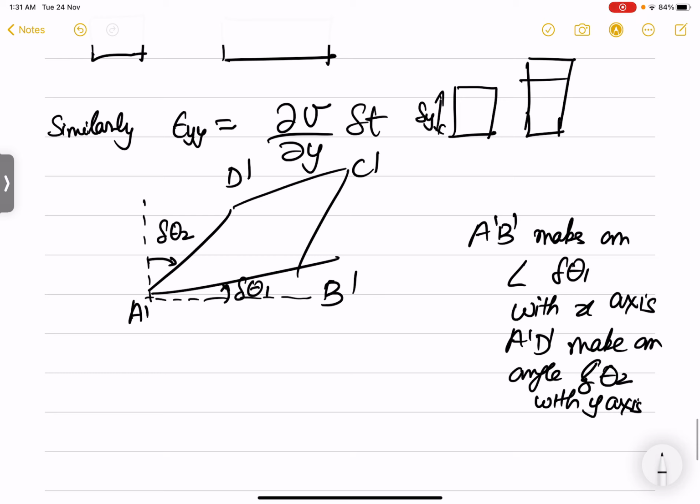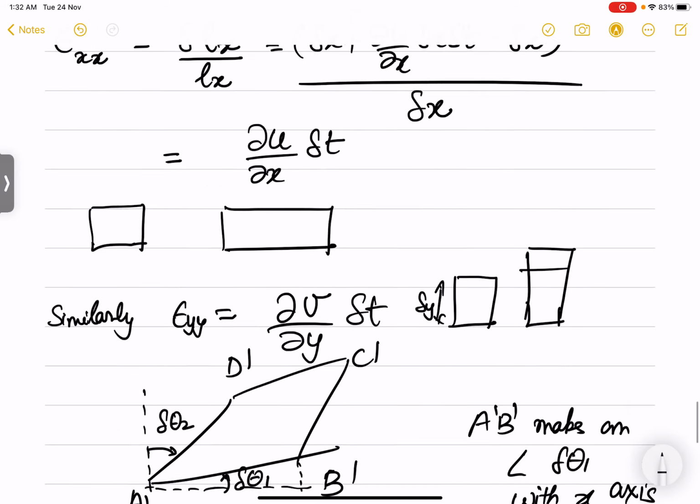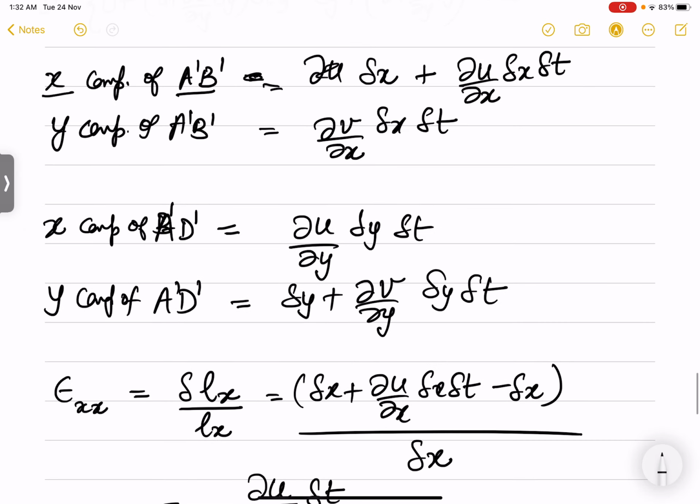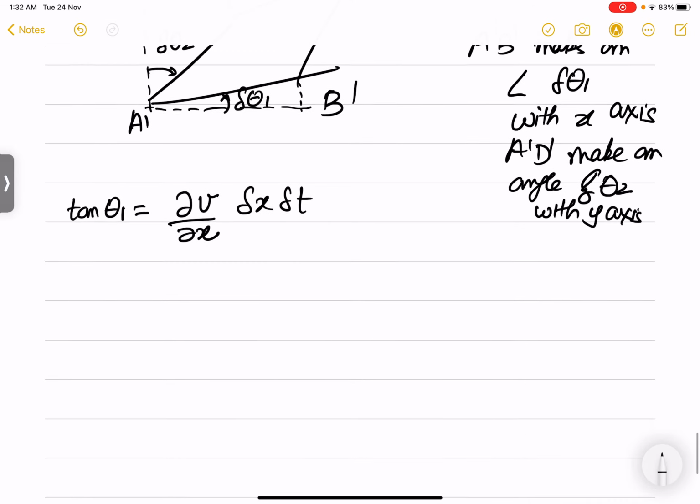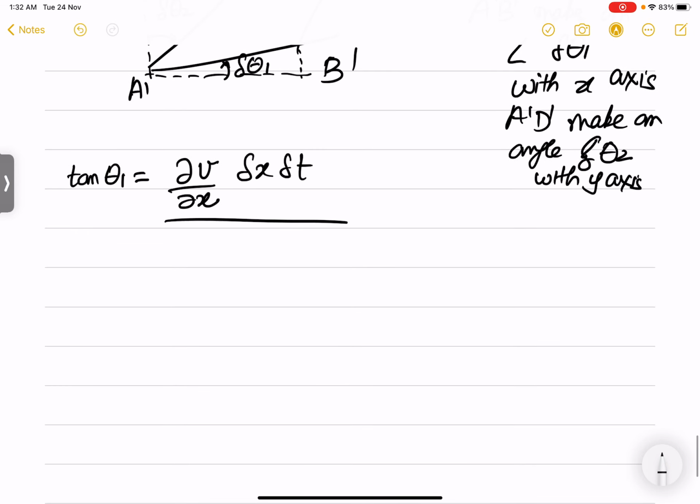Now if I have to work this angle out, tangent of delta theta 1 will be equal to the y component of A prime B prime divided by the x component. So this will be equal to partial v by partial x delta t, divided by the x component of A prime B prime, which is delta x into 1 plus partial u by partial x delta t.